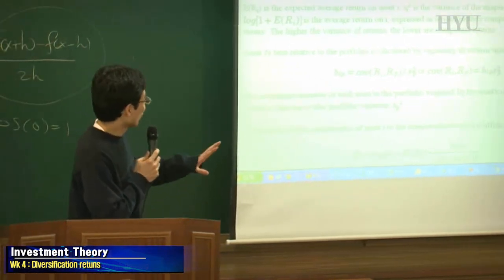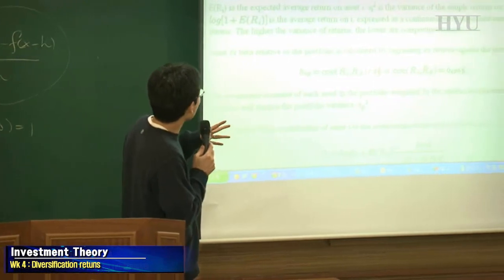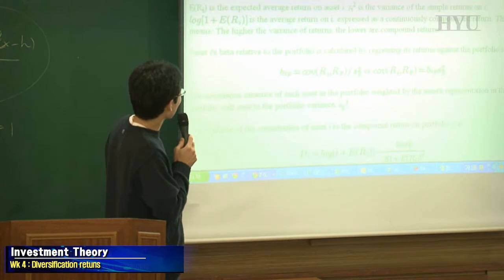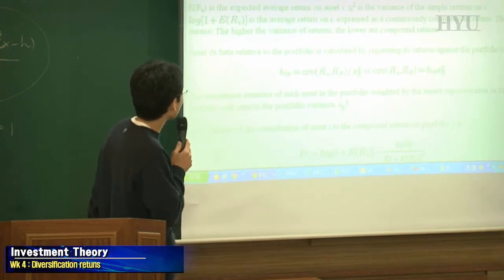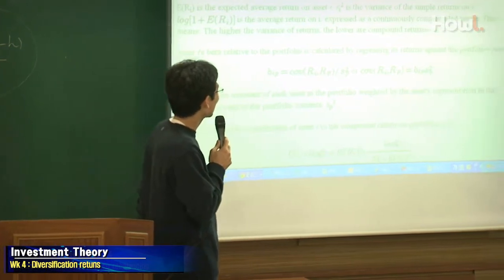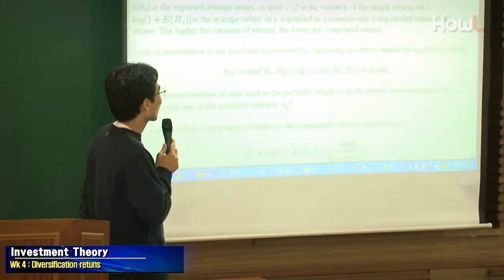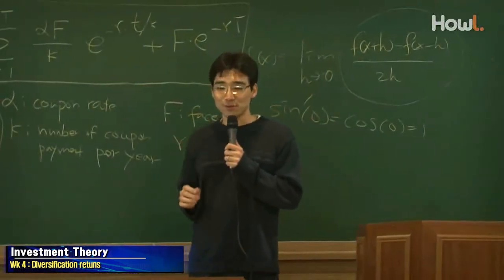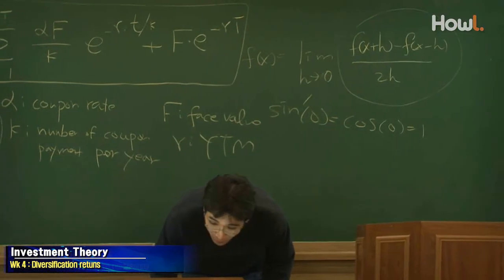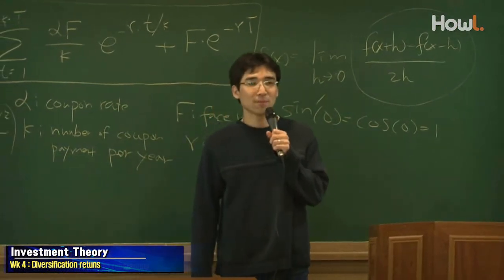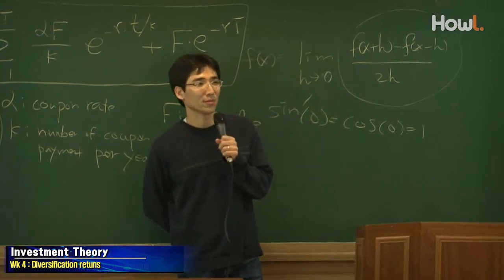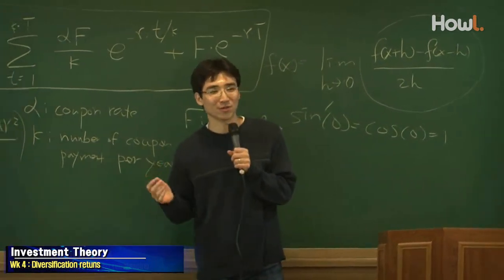Actually, we will go over this part again. To get this idea further, first we have to know asset beta, asset i's beta relative to the portfolio. It is calculated by regressing its return against the portfolio's return. When you say beta, just a moment. We will talk about asset beta a lot in this class, and whenever we say beta, it is a relative concept, relative to something else.